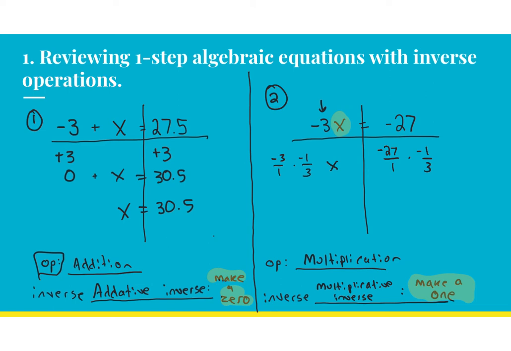I threw my x in there just to remember that those numbers are being applied to that x. We come out with negative 3 times negative 1/3 is 3 over 3, and negative 27 times negative 1 is positive 27 over 3. I've got to drop that x down still. We come up with 1x is equal to 9.